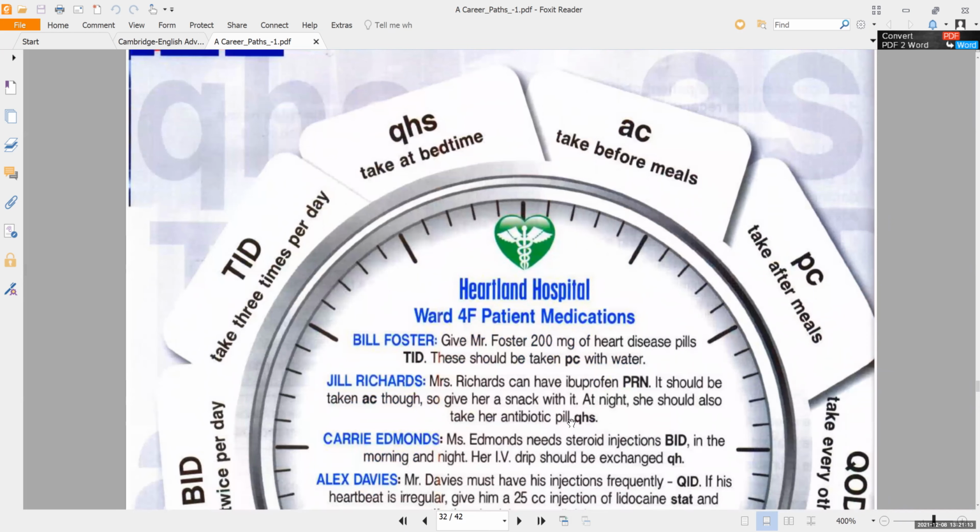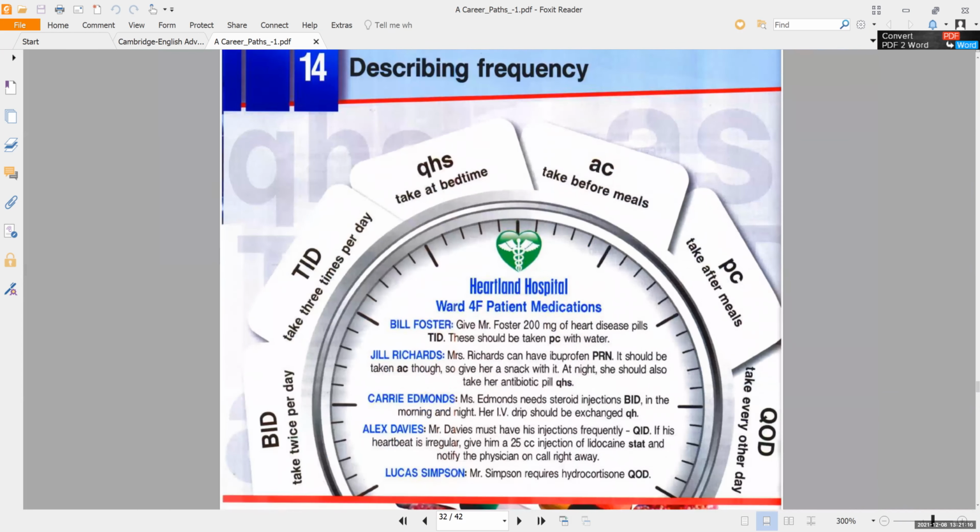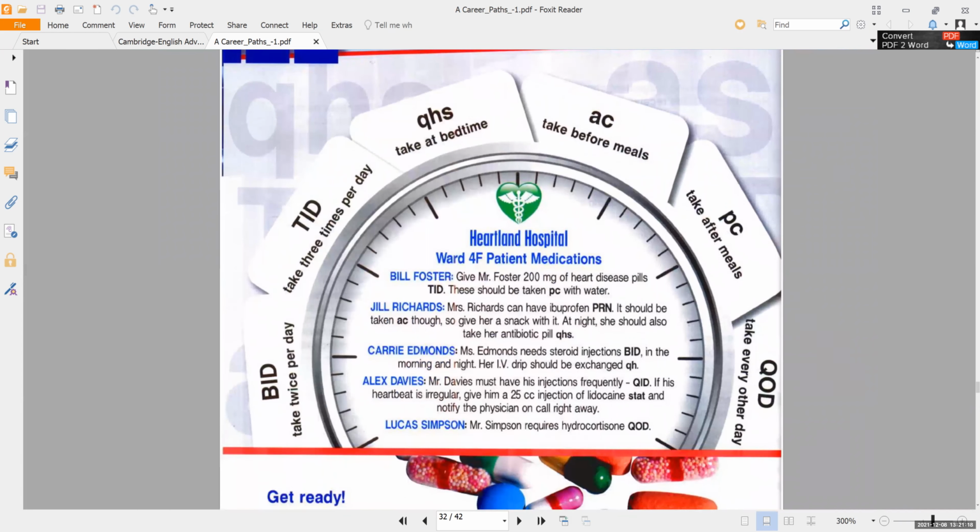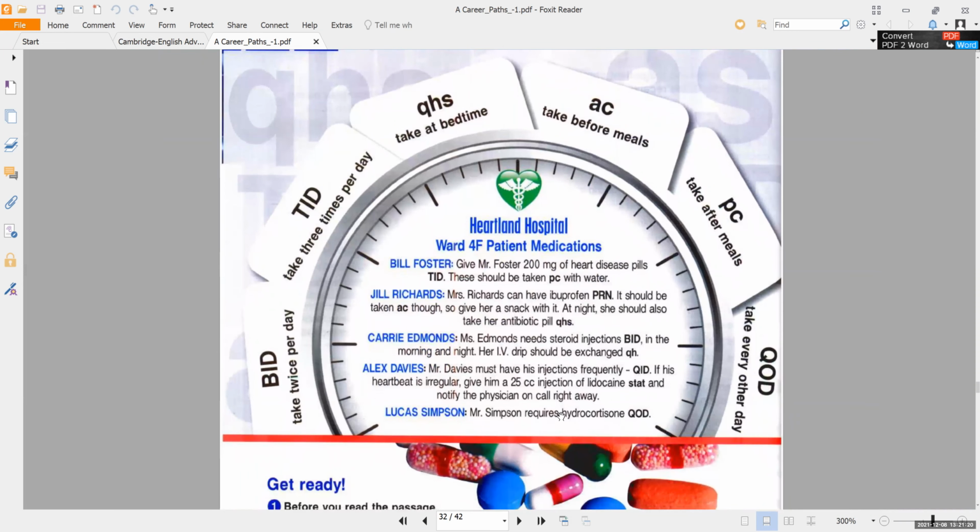So we have here some frequencies, and these are the abbreviations: BID, TID, QHS, AC, PC, and QOD.